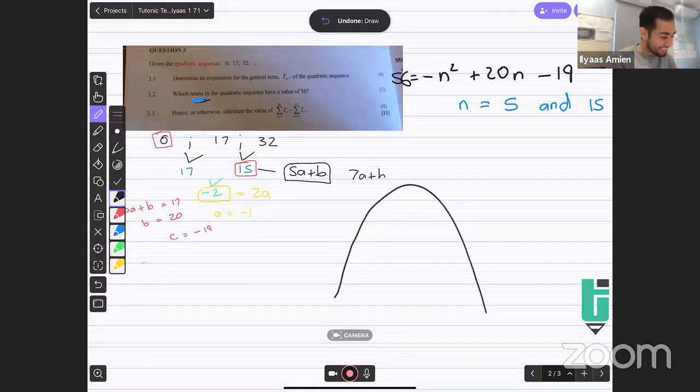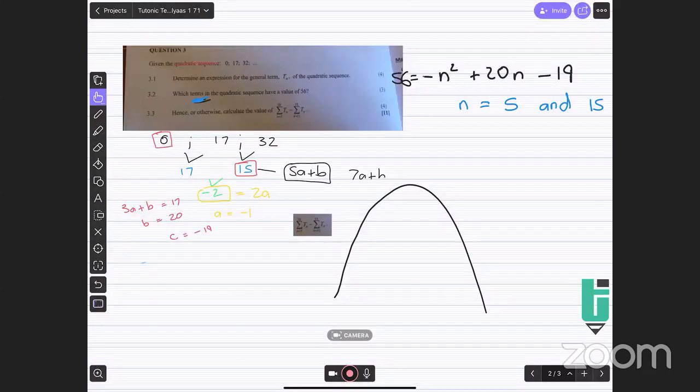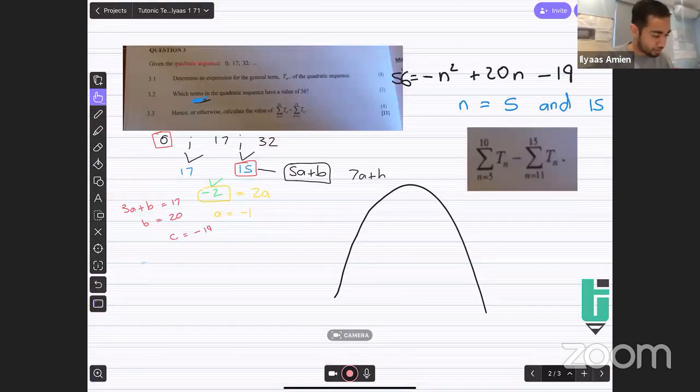Now does anybody want to interpret for me what this sigma notation means? Sigma notation actually means the sum of. So what does this statement here mean?